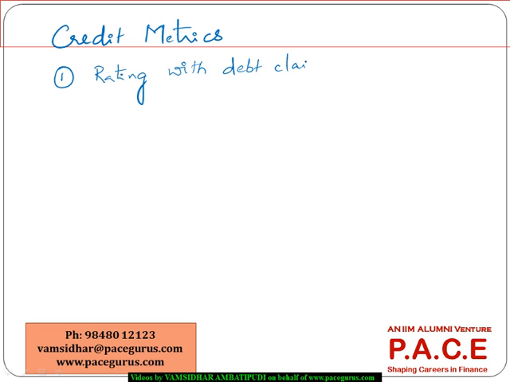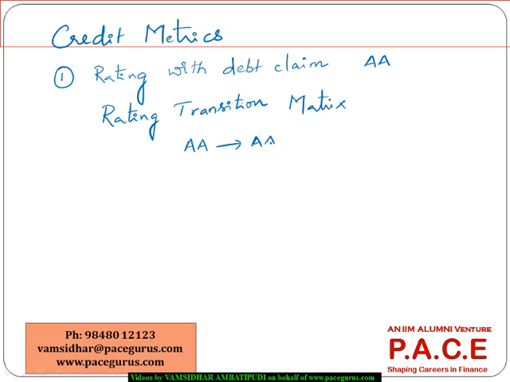Get the rating associated with the debt claim. Now take the rating transition matrix for 1 year. If the credit rating associated with this debt claim is AA, take the rating transition matrix from AA to AAA. What is the probability?